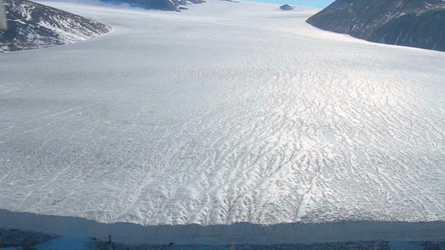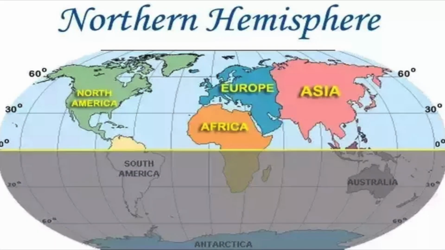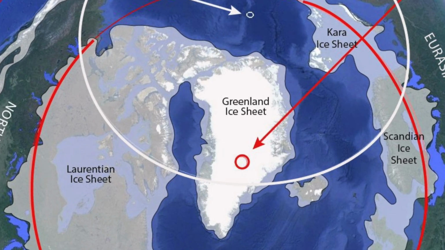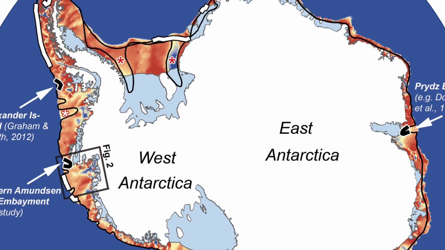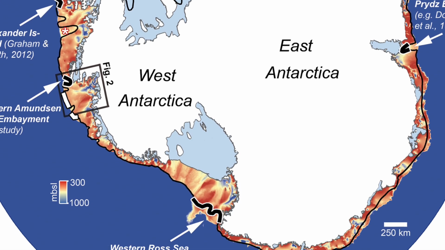At present, two largest continental glaciers exist, one in the northern hemisphere and another in the southern hemisphere: the Greenland continental glacier in the northern hemisphere and the Antarctica continental glacier in the southern hemisphere. The difference between an ice cap and an ice sheet is that of areal extent. That is, ice caps are smaller than ice sheets.